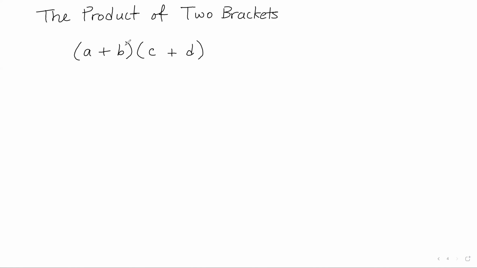So you'll say A times C plus D first, and then you'll do plus B, the second term in the first bracket, and you multiply it by the second pair of brackets, C plus D. So you're multiplying the first term from the first pair of brackets by the entire second bracket, and then you're multiplying the second term in the first pair of brackets by the entire second bracket.